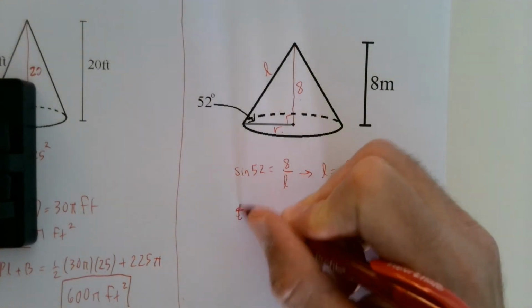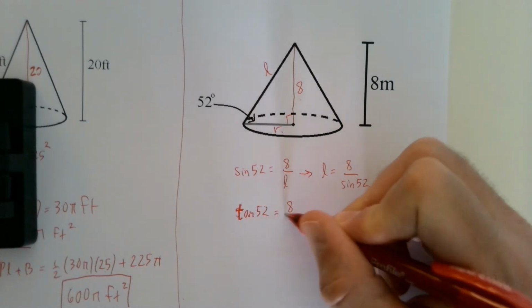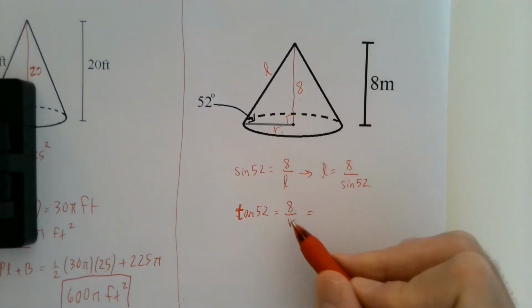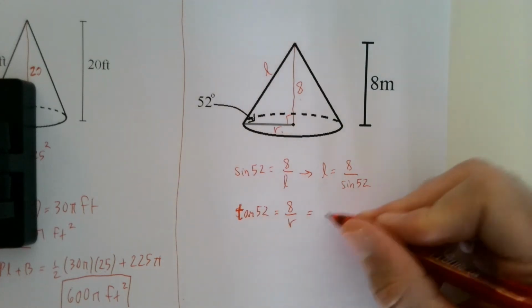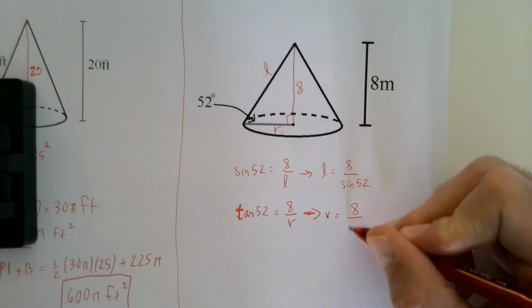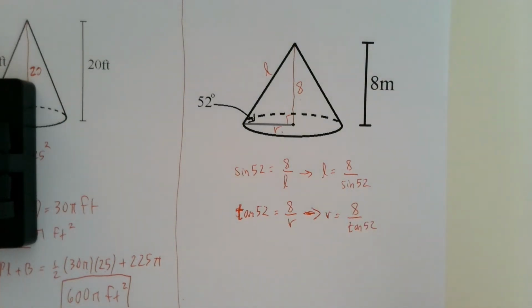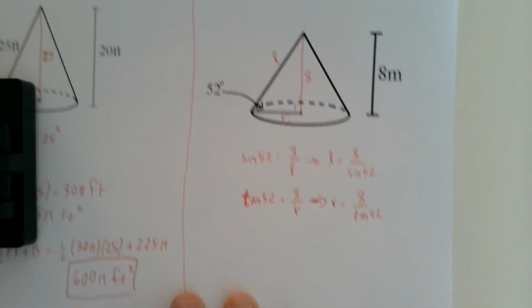So tangent 52 is the same as 8 over r. Make sure you cross multiply and divide out. Okay, so now we have everything we need for this one. They wanted total area.